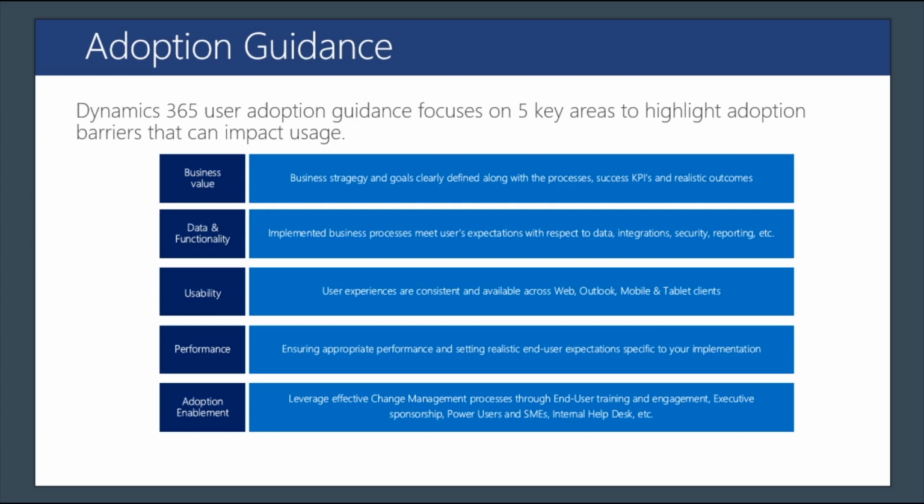Another area is performance. And this is where you want to make sure that the performance that the system is delivering to the end users is as optimal as you can make it based on everything that you are doing as part of your application and part of your user experience. You also want to set realistic expectations with your end user community with regards to your specific implementation and the types of performance that they can expect.